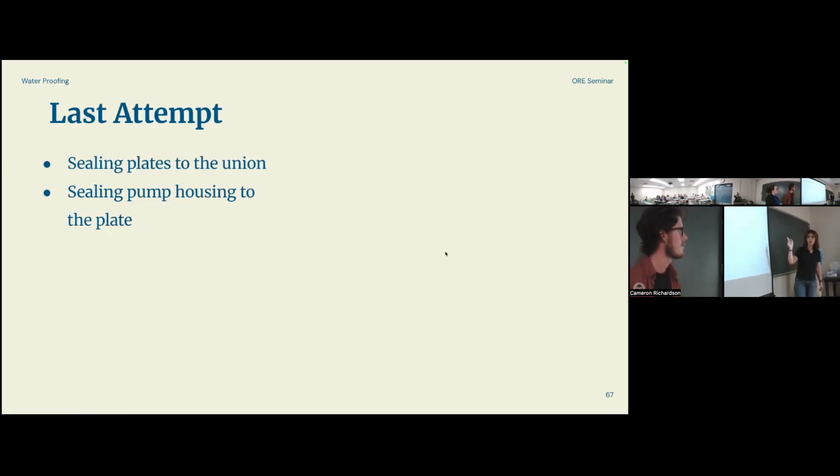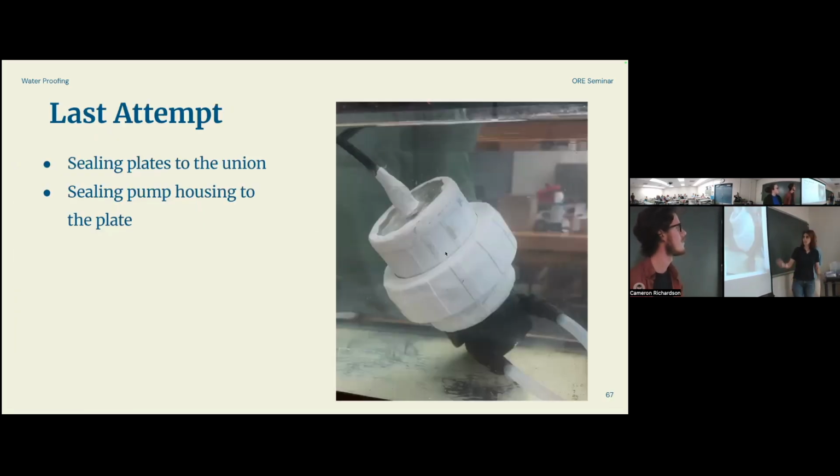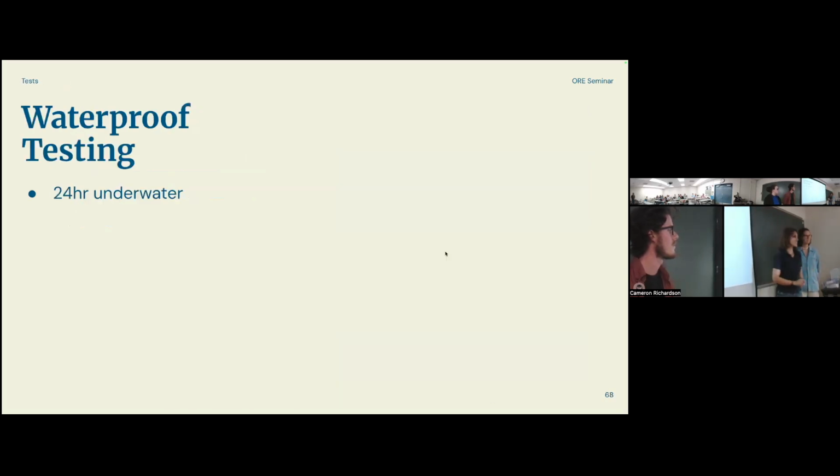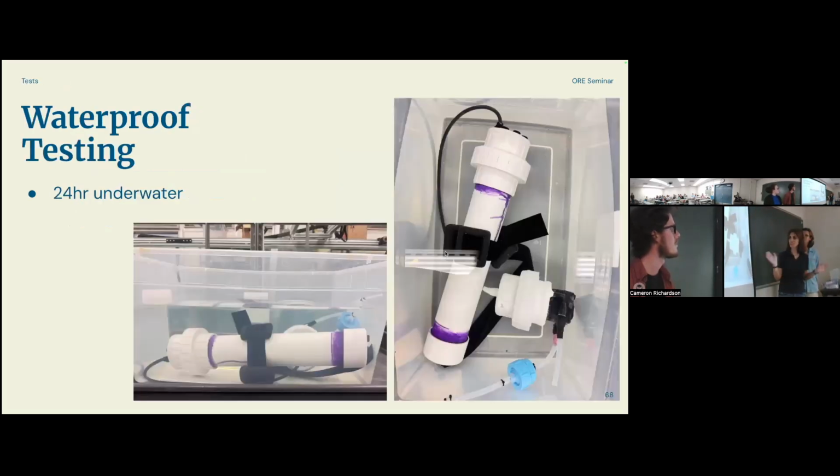And finally, we sealed everywhere with the hard putty, the connection between the plates and union, and all around the pump, and all connections, and put it into the water. And finally, yeah, we did it, and there was no leakage, there was no water inside of the union.